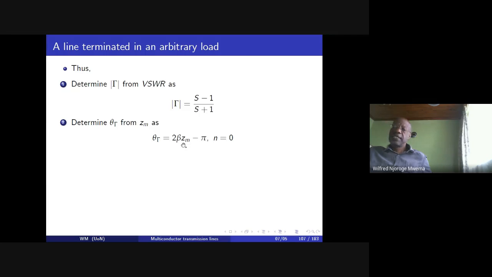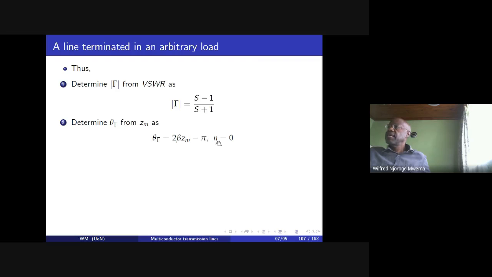Because when you look at the equation for the Zin, you'll see that it will be multiplied by the modulus of gamma multiplied by e to the minus j 2 beta z plus j theta gamma, where theta gamma is of course the angle of the reflection coefficient.